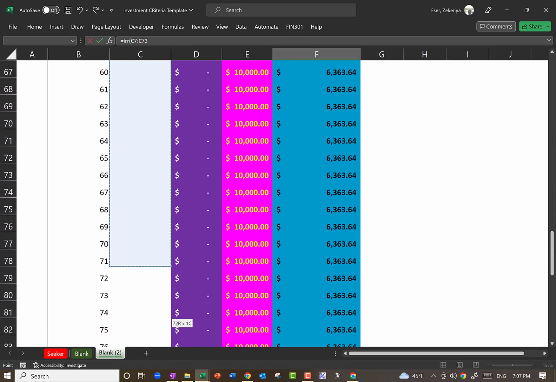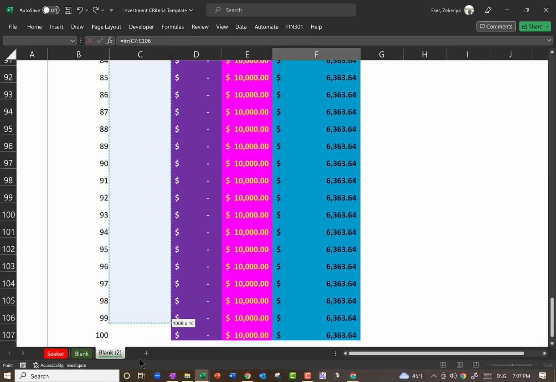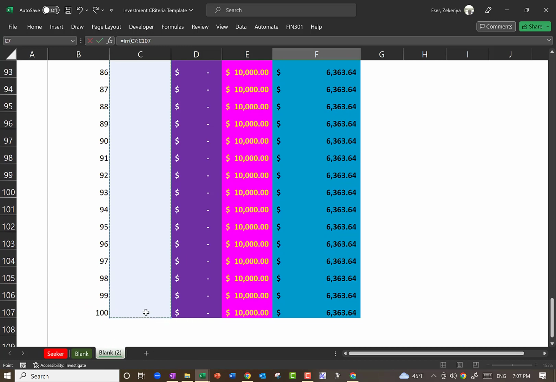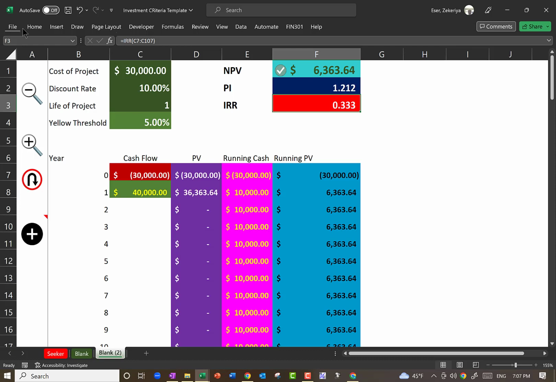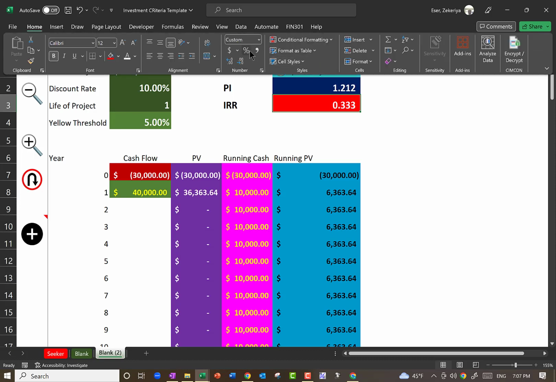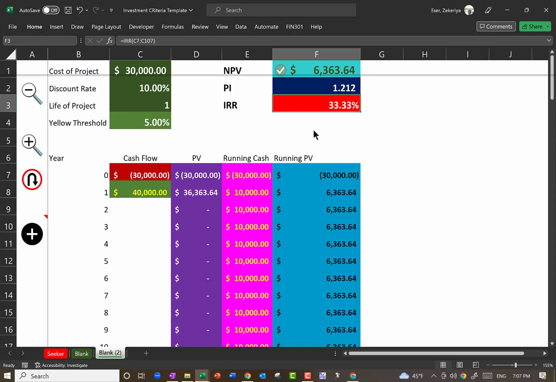We could also use the GoalSeek, but I'm not going to worry about it too much. Technically speaking, the IRR function has a second argument.